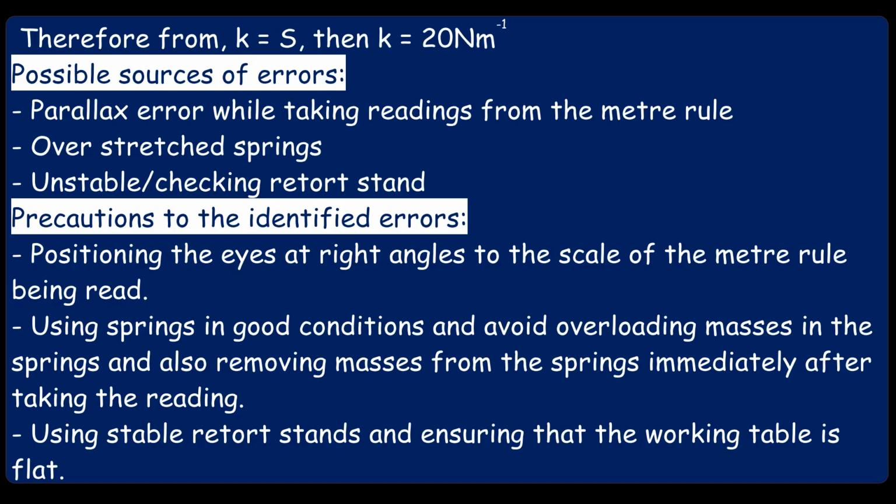So we also state the mitigations or precautions of the errors identified. Number one, how do we mitigate the parallax error? We mitigate it by positioning the eyes at right angles to the scale of the meter being read, meaning you don't read it from down, you don't read it from up, but rather at right angles or in a straight line to that value.